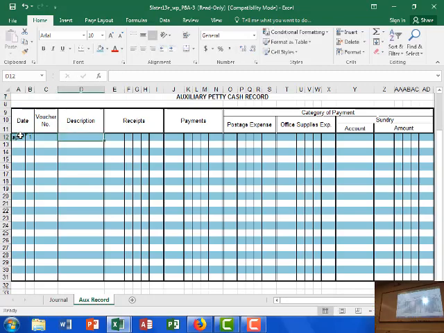You'll skip the voucher number because it's a check number that we already know. In the description, you'll just put establishment because that is what we are doing. Establishing the petty cash. And it'll be done under the receipt area because we have the proof. We know it's going to be a check. $150.